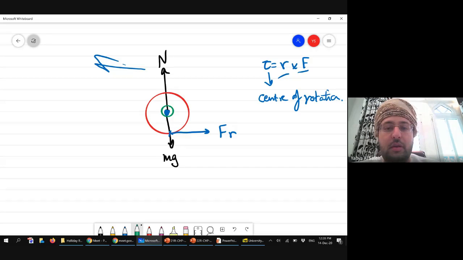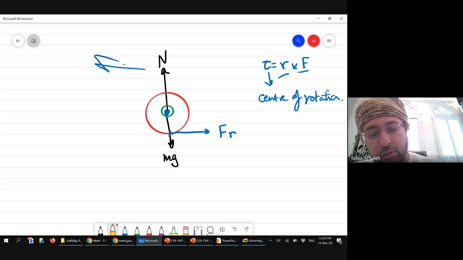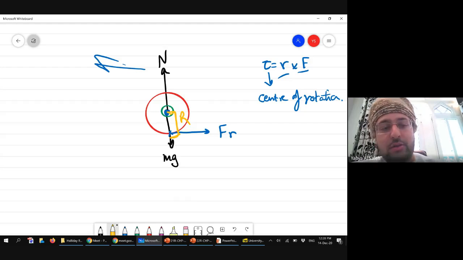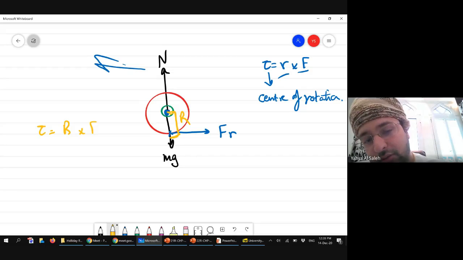Since mg and N both act at the center of mass, which is also the center of rotation, your R is 0. But for friction, you have this extra space, which is the radius of your circle. So your torque is only equal to R cross friction.